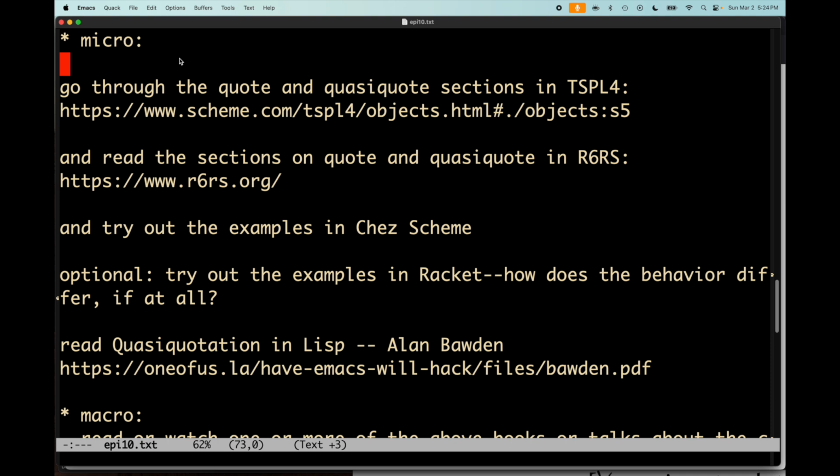And also in The Scheme Programming Language, it says that the unquote and unquote splicing form that takes multiple sub-expressions tends to be used for the internal expansion of quasi-quote.